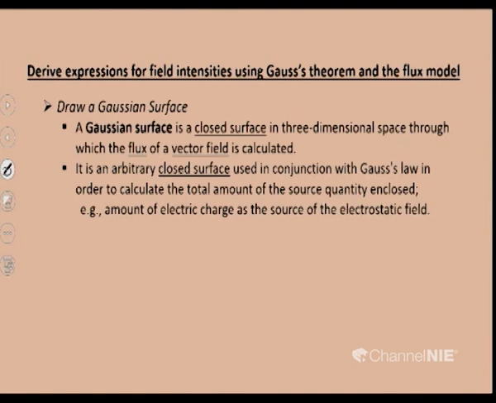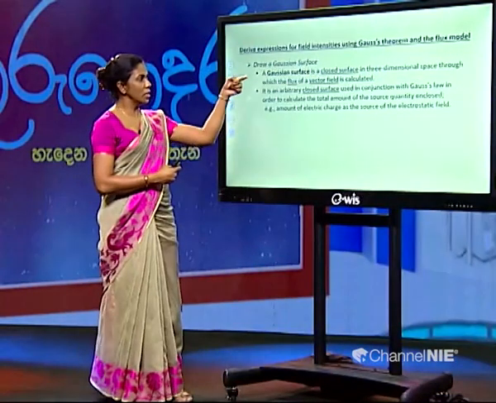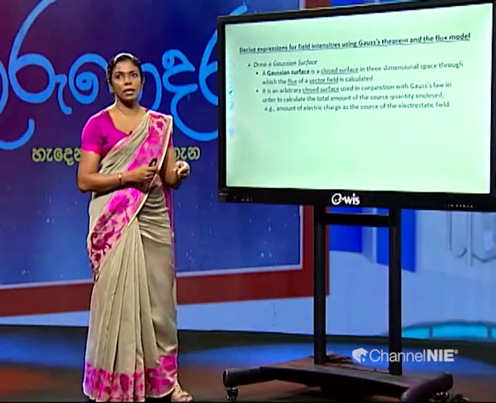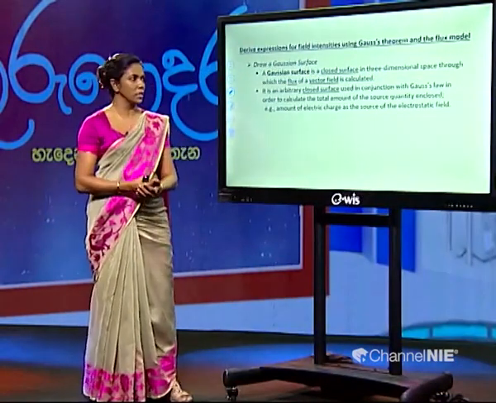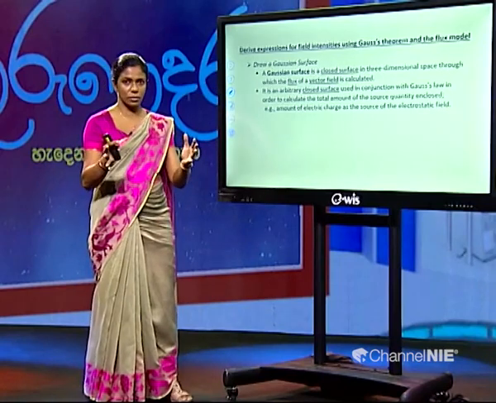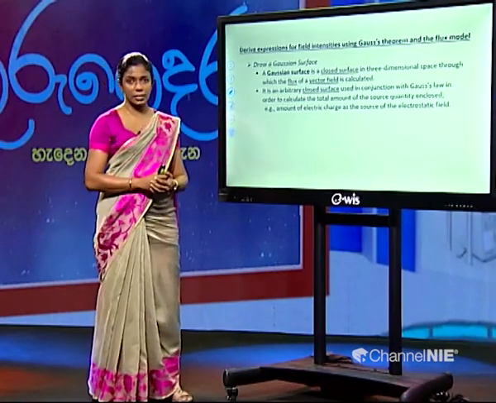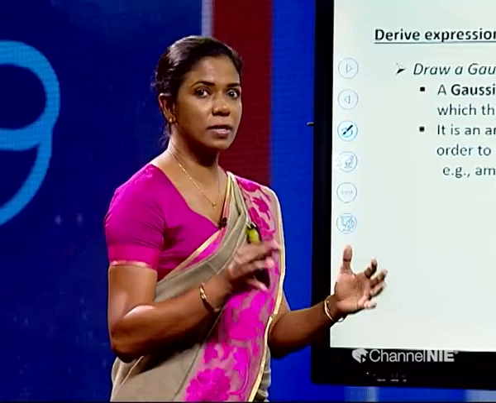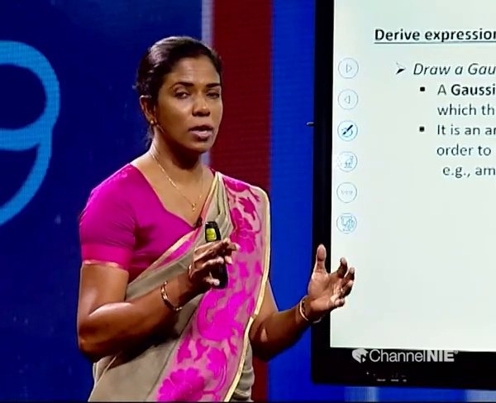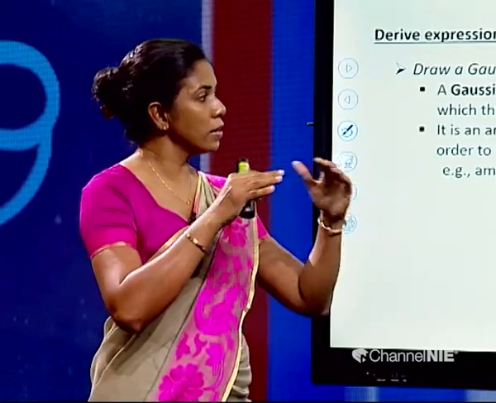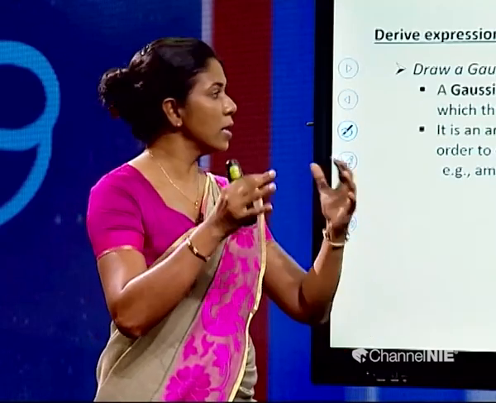Whether it is a point charge or a distributed charge, it is a charge that produces the field. So we learned two points. The first is that the Gaussian surface is a closed surface that you have to draw inside the electric field. The second is that this closed surface must be drawn enclosing the electric charge.